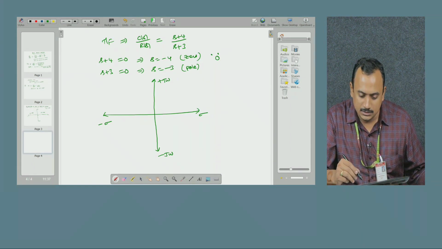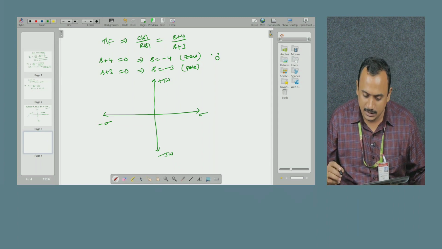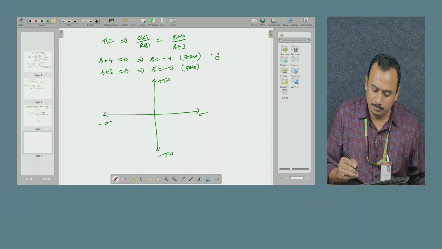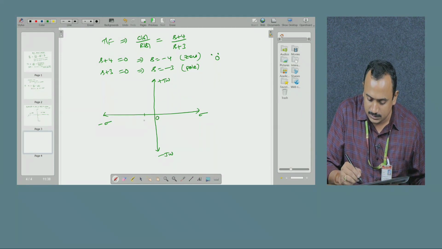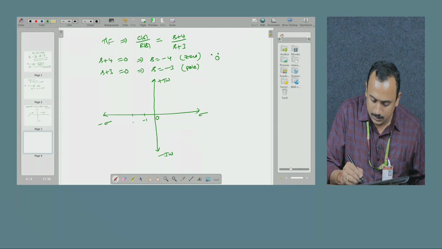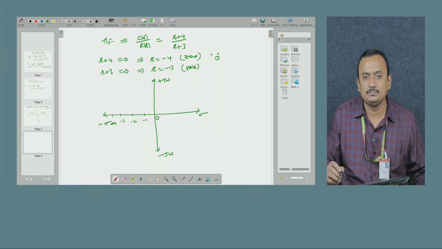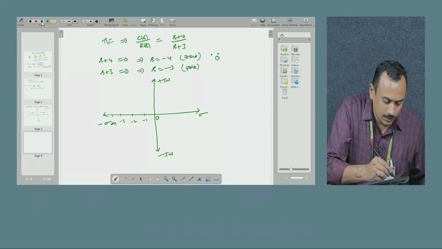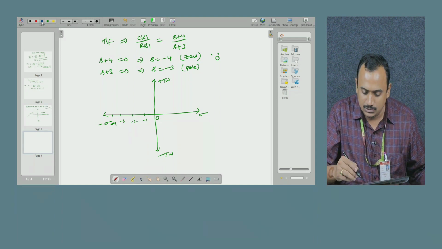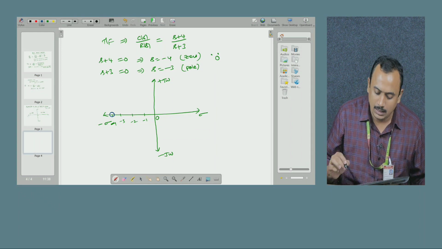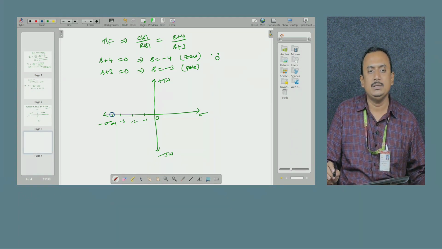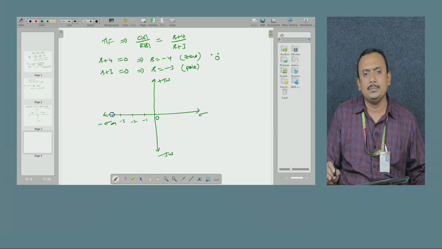The zero for this transfer function is at s = -4. This is the origin and this is the negative real axis: -1, -2, -3, -4. The zero is at -4, so I am representing it with a small circle.